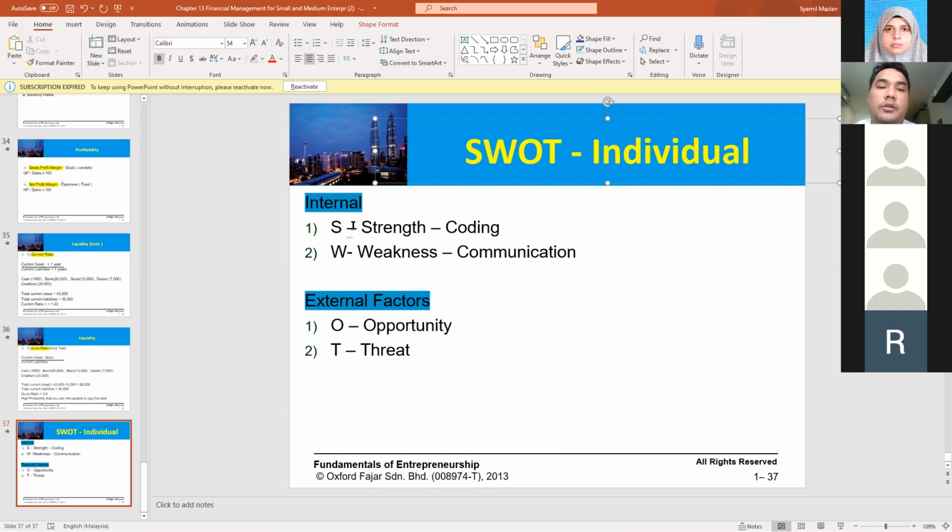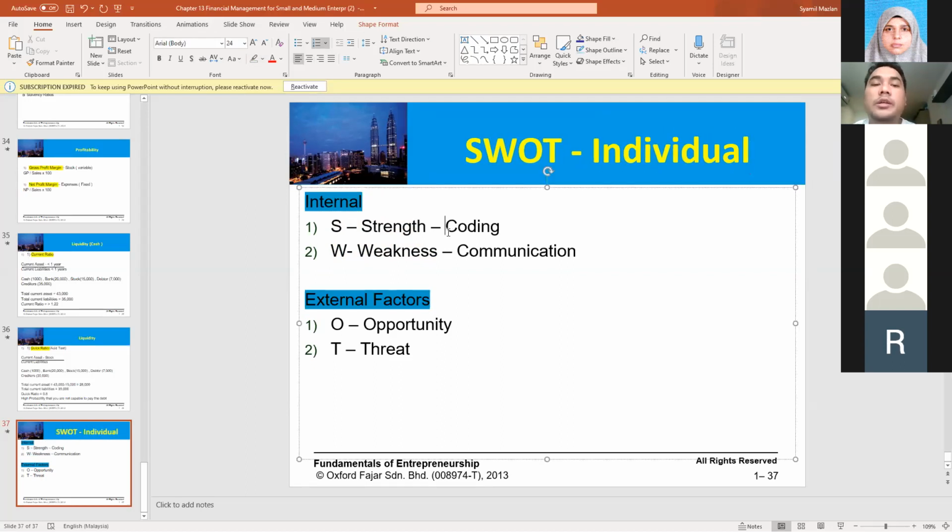Your strength is you have knowledge of how to do coding, but sometimes I think you guys have a problem with communication. So what is the current opportunity? The current opportunity is that we are heading into the digital era. Sorry, digital age. Okay, we are currently in the digital age. So this is the opportunity that you get for your strength.